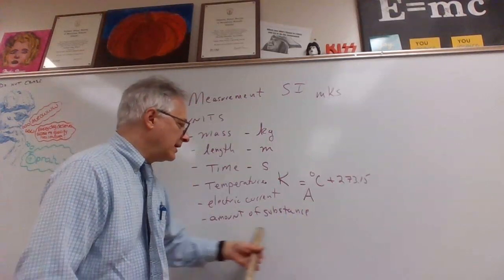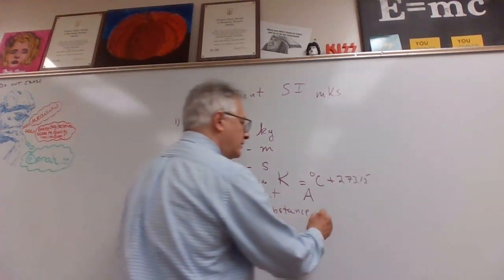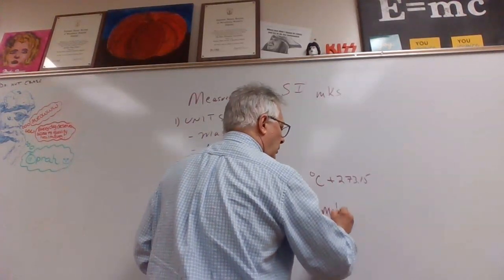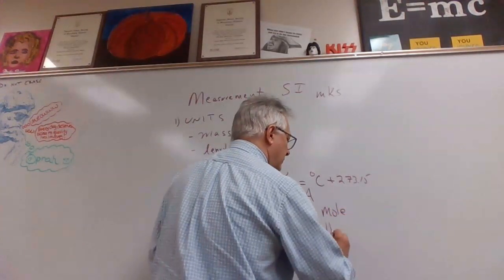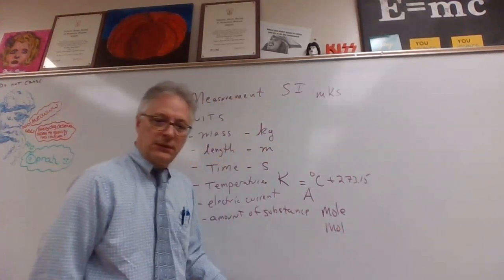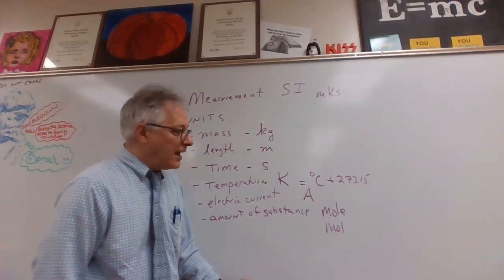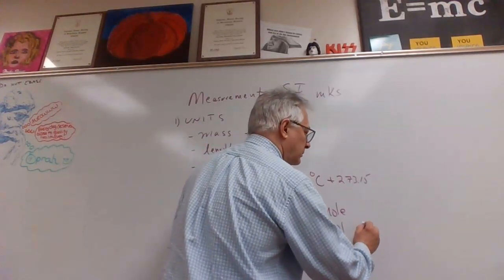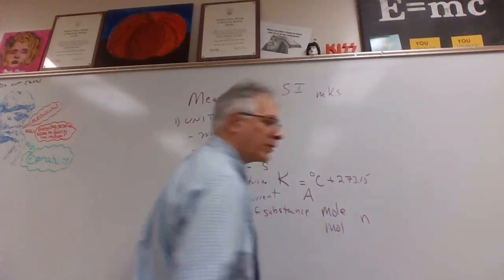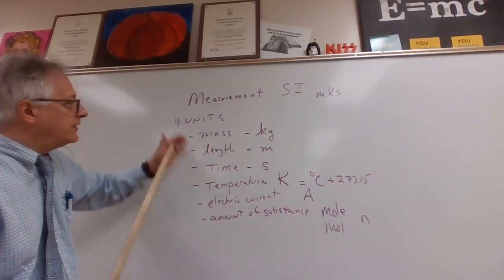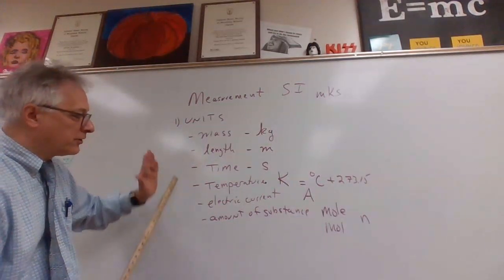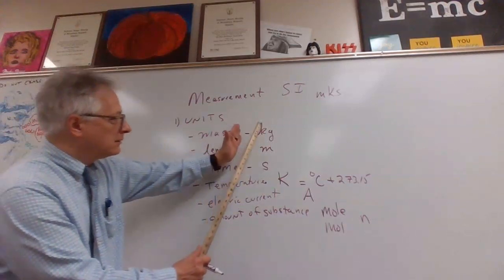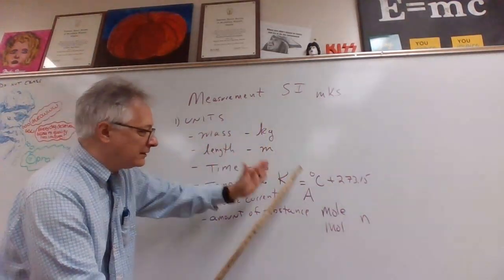But in the world of chemistry, we have a unit called the mole, M-O-L-E, and it's abbreviated M-O-L. Saves you a lot of ink. It's also given the symbol lowercase n.